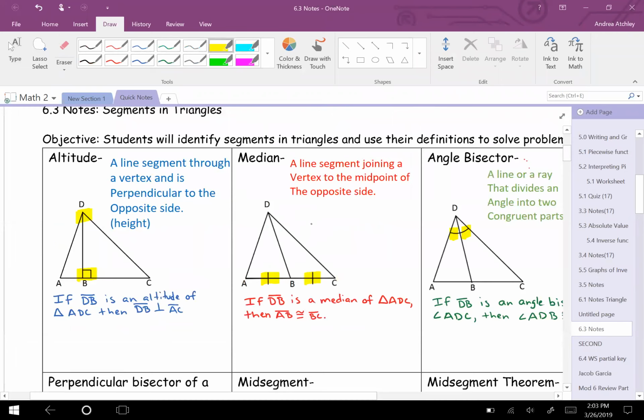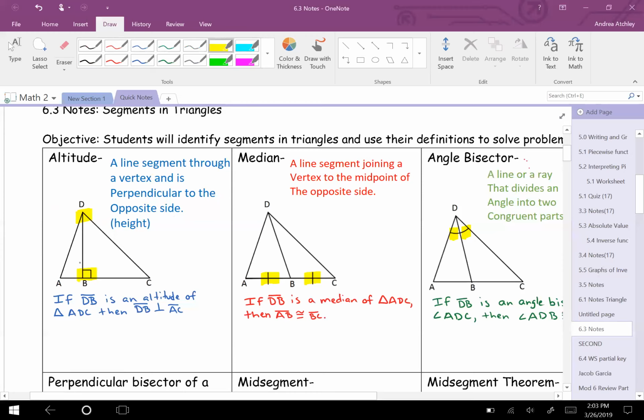That's okay. Vertex and be perpendicular. Perpendicular bisector, QK. Congruency mark, so M, or MN, whichever.